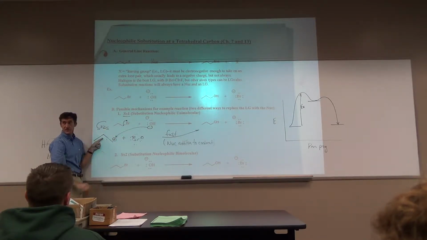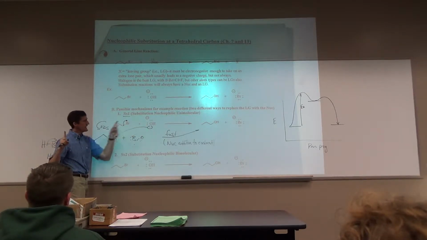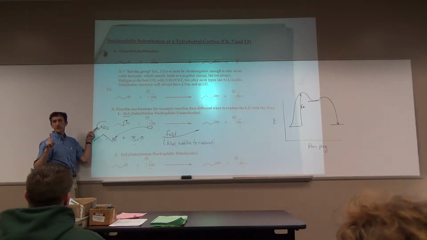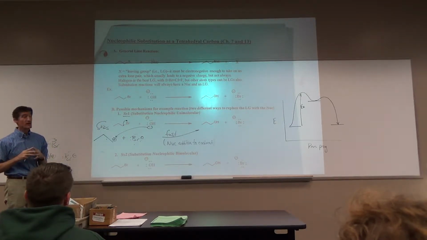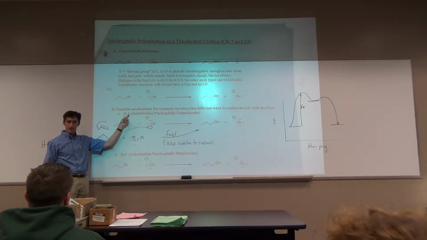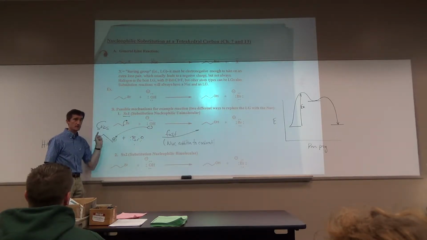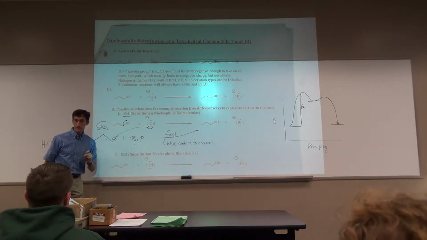Certainly, it's undergoing ionization in the rate determining step. So that's 1. Is the hydroxide involved in the rate determining step? No. It's only one thing involved in the rate determining step. Substitution by a nucleophile, unimolecular. That refers to what's involved. Only the bromide.